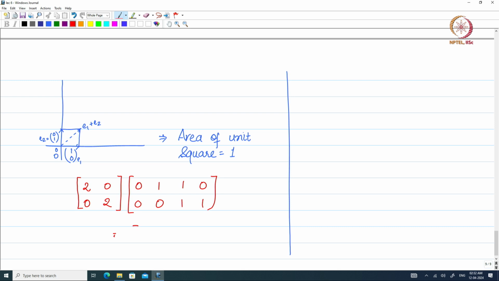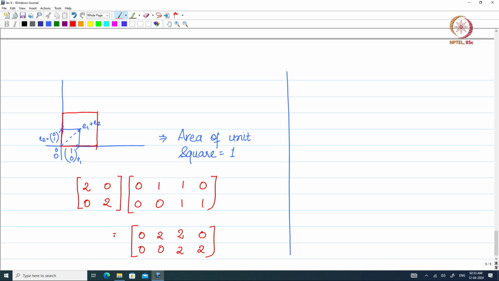So, we are going to get 0 0, 2 0, this is 2 2, and that is 0 2. So, our new object is basically here: this is 2 0, that is 2 2, and this is 0 2.